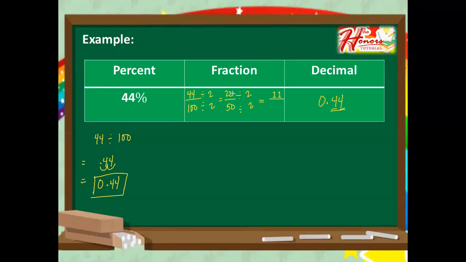And then 50 divided by 2, that is 25. So let's write 25 here. Is there any number that can divide 11 and 25 at the same time without remainder? No, there's none. So therefore, 11 over 25 is the final answer. So that we can say that 44% is equal to 11 over 25 and 44 hundredths as a decimal.